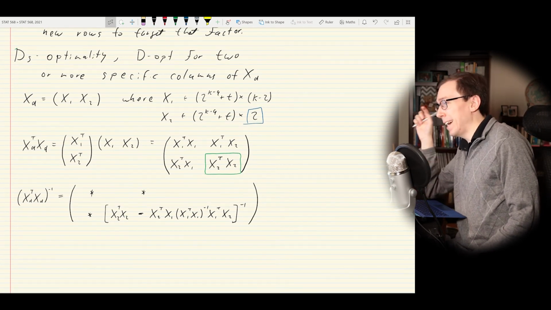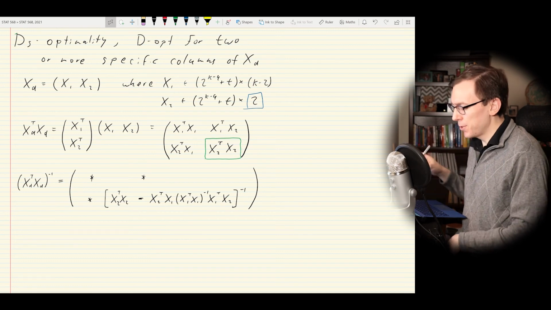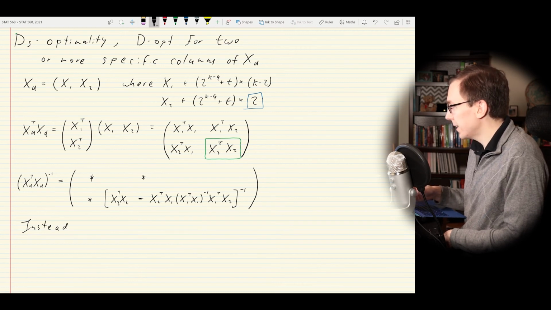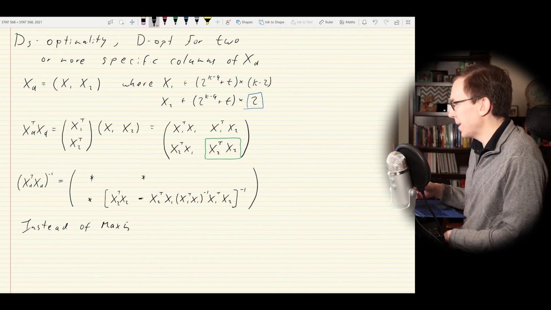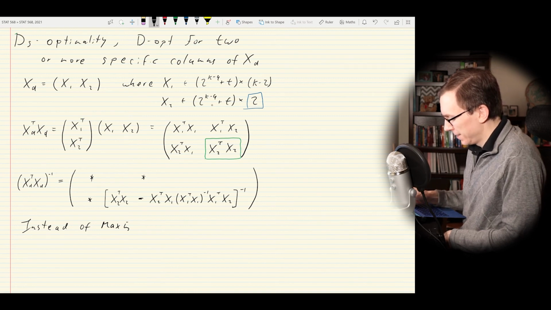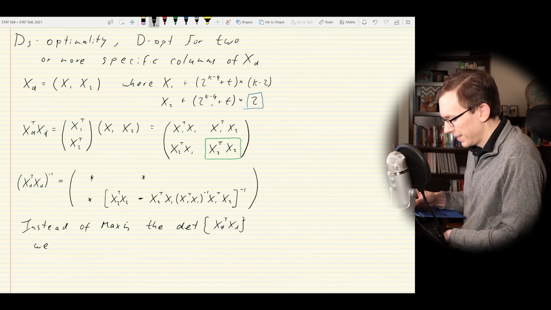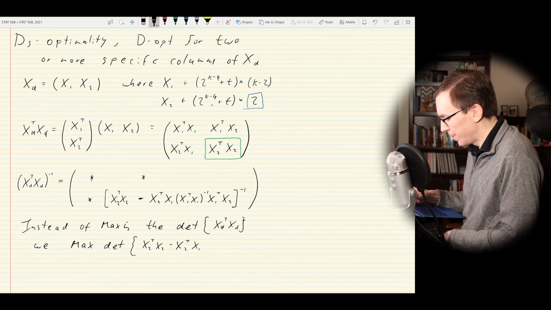But what it means is that we can prioritize our follow-up design to target 2 specific columns by, instead of maxing the determinant of X transpose X with the D's, we max the determinant of that matrix there without that inverse, which is just a whole bunch of X's here.